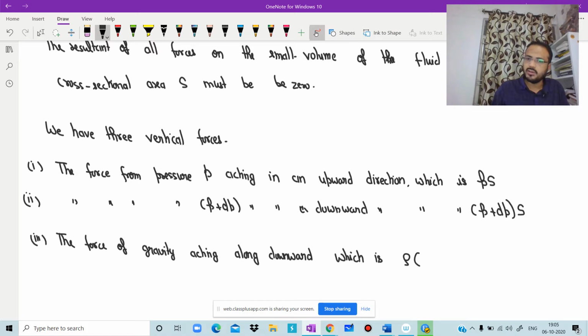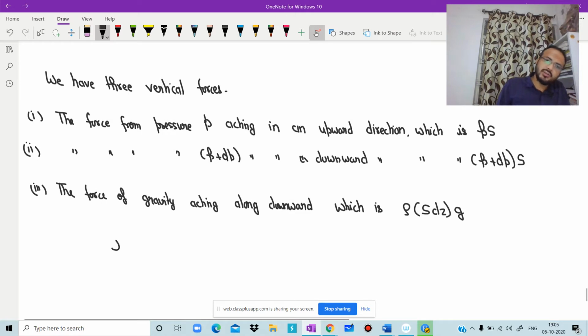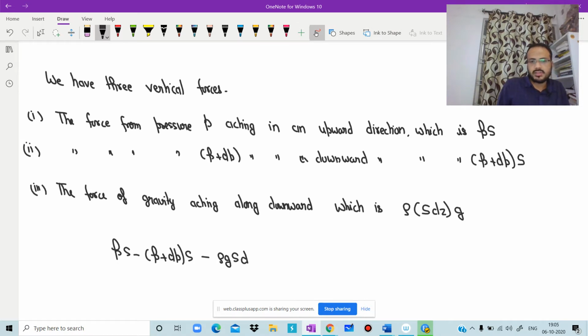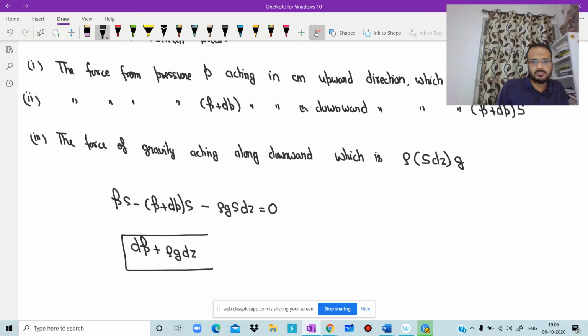Volume is area into height, area S into height dz into g. So if you balance, PS minus (P plus dP)S minus rho g S dz is equal to 0. After solving, you will get dP plus rho into g into dz equal to 0.